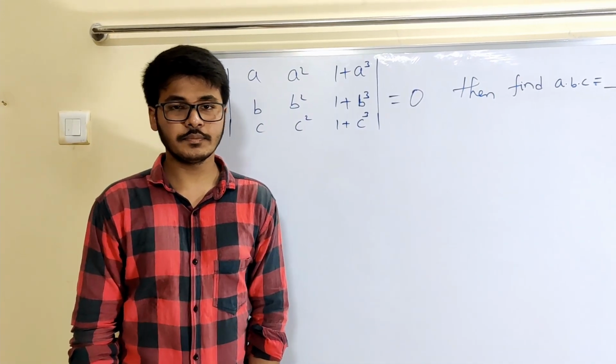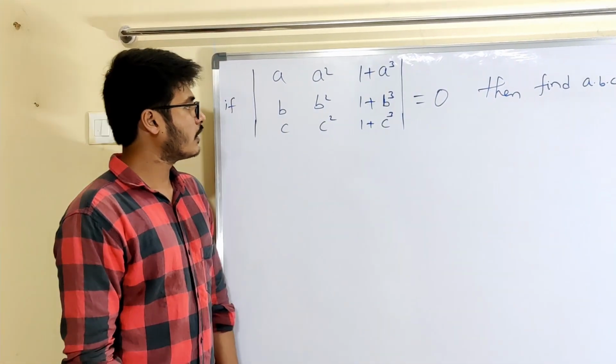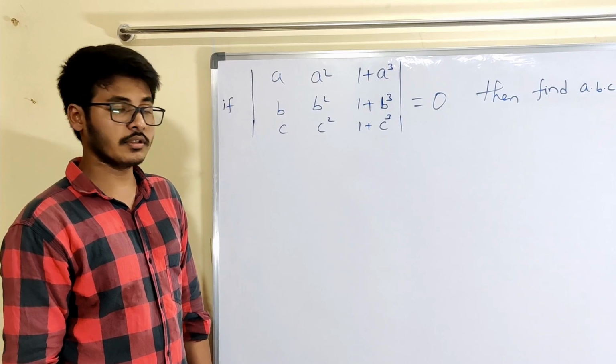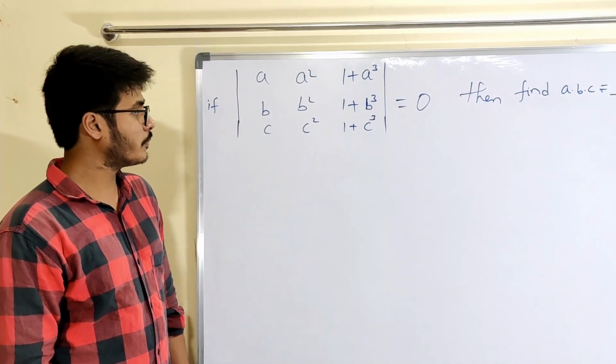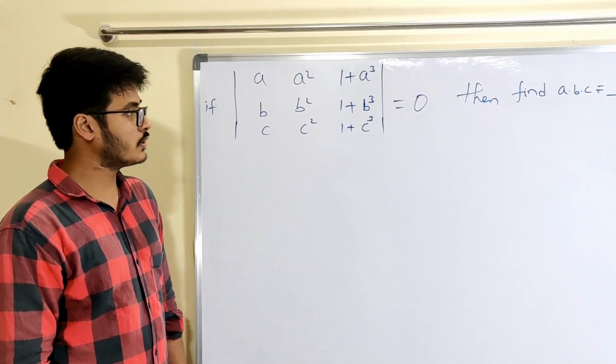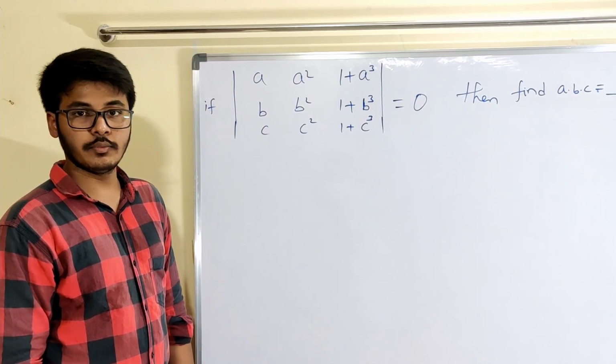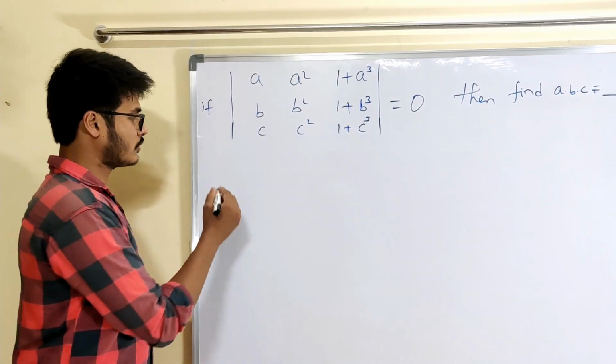Now we will see one more question. Here the question given is: if the determinant of a square, 1 plus a cube; b square, 1 plus b cube; c square, 1 plus c cube is equal to 0, then find a into b into c. Now we will see how to solve this question.